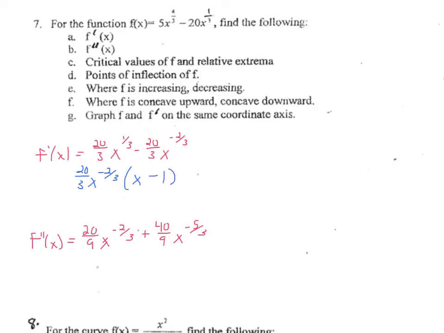So my two critical values would be at 0, so that would make it undefined, and at x equals 1. And then to find my relative extrema, I'm going to do the first derivative test. So I'm going to test between negative infinity and 0 and 1 and infinity.